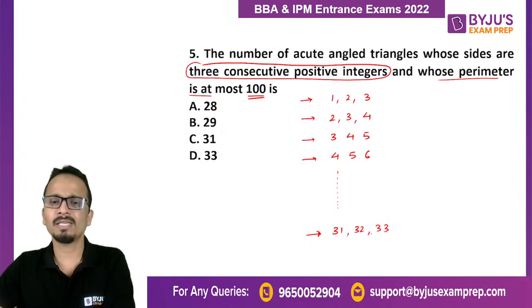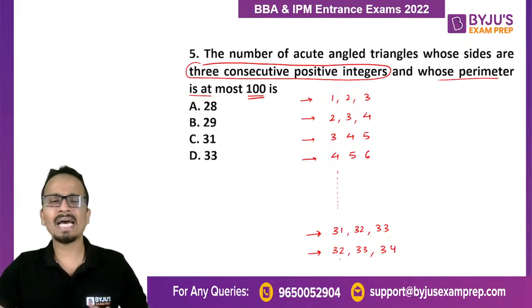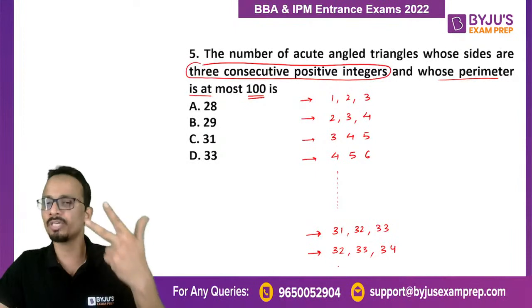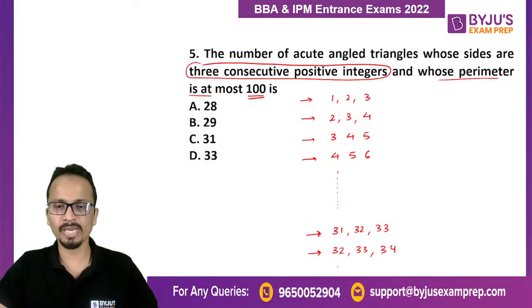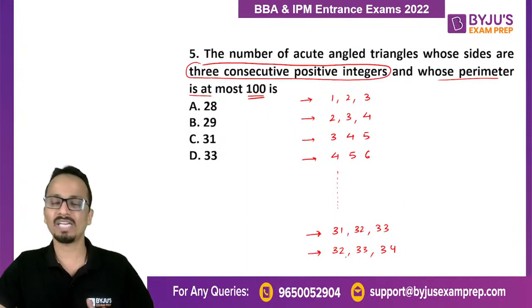The sum here is 96. So I can afford to increase. So 32, 33, 34. Now the sum of these three numbers is 99. And I'll have to stop here because if I write another 3 consecutive integers after this, that means 33, 34, 35, then the sum will become 102. So this will be the last possibility of 3 consecutive numbers whose sum is at most 100.